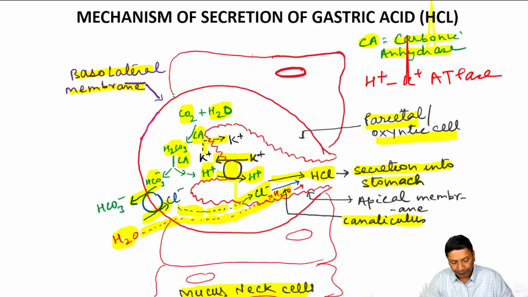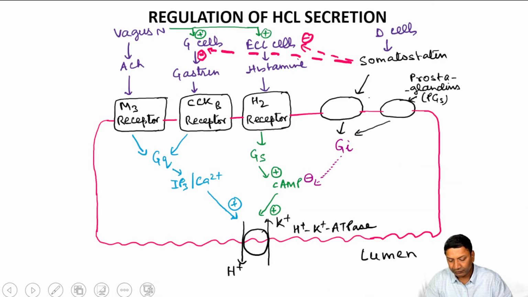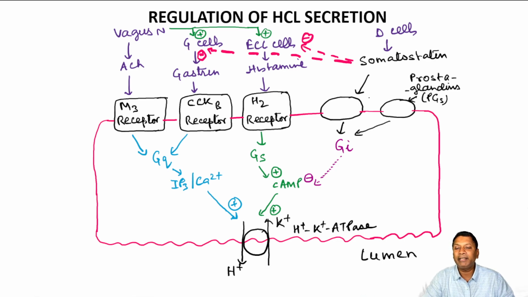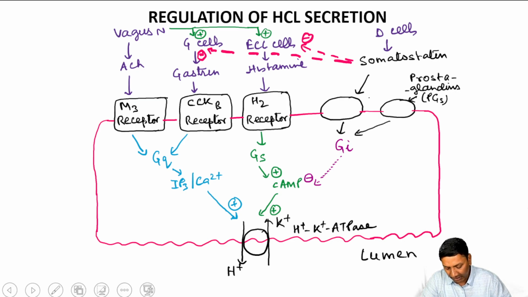Then the HCl secretion is regulated. So, the regulation of the HCl secretion. Let us understand this with the help of the diagram. Here you can see the diagram showing the structure of the parietal cell.